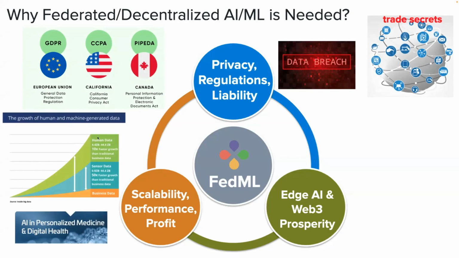On this plot, the green shows the amount of human-generated data, and the blue shows sensor-generated data. Compared with business data, you see that it is becoming much larger. So from a scalability and performance perspective, you would rather do your machine learning and training of models at the edge of the network without bringing the data to the cloud.